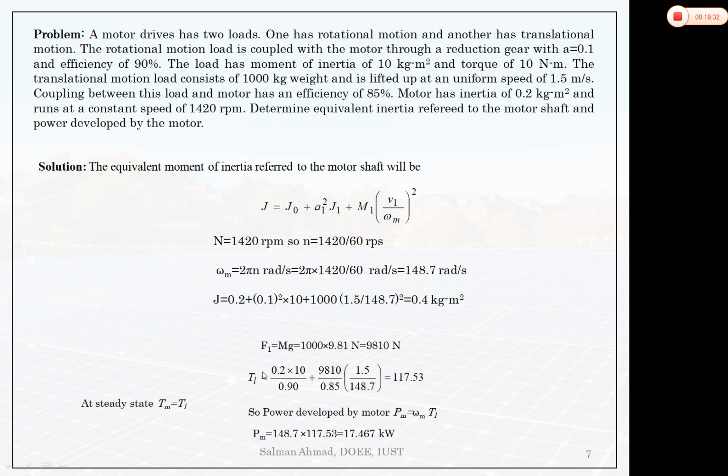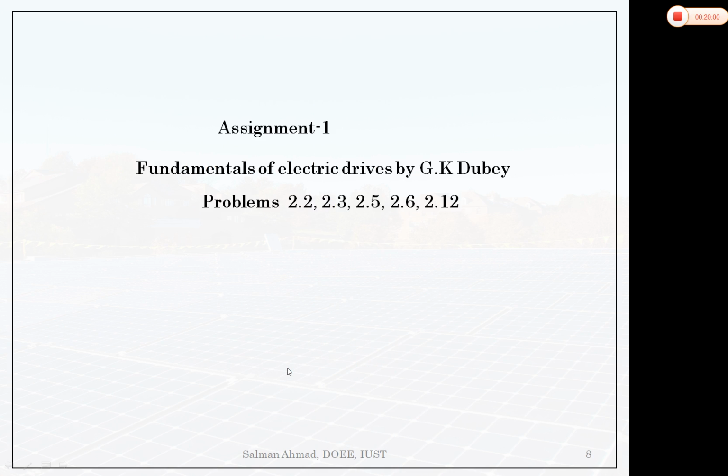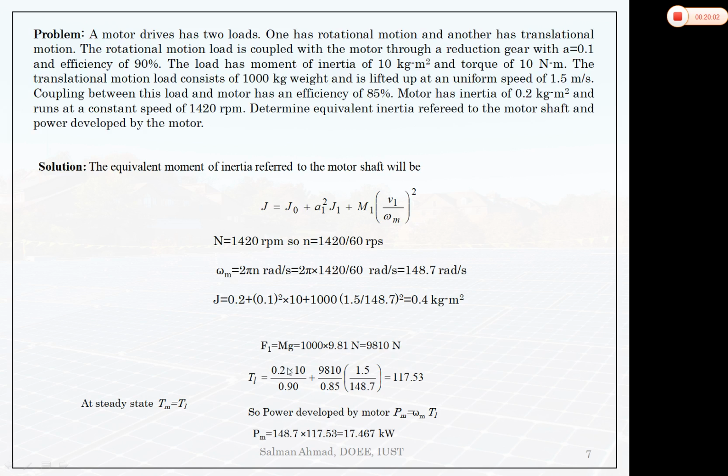Here this is the torque developed by the rotational load. Gear ratio is 0.2, and conversion efficiency is 90%. So you have to take the conversion efficiency. Here it is 0.1, so make it 0.1 here.